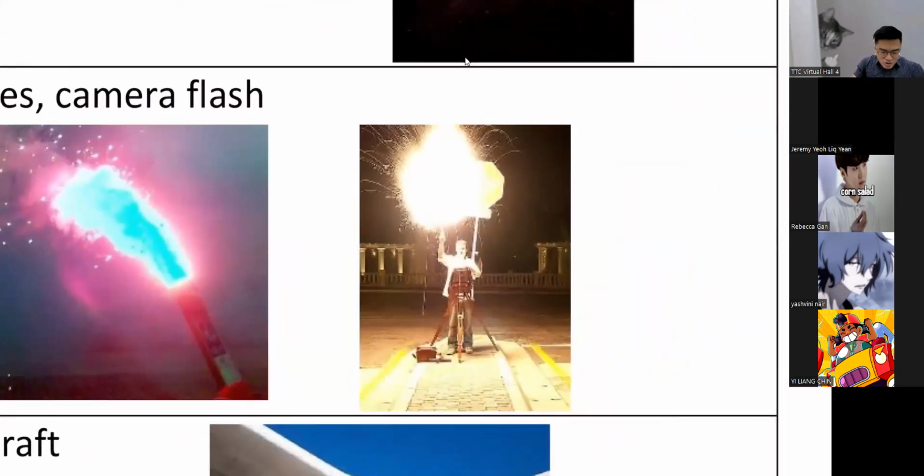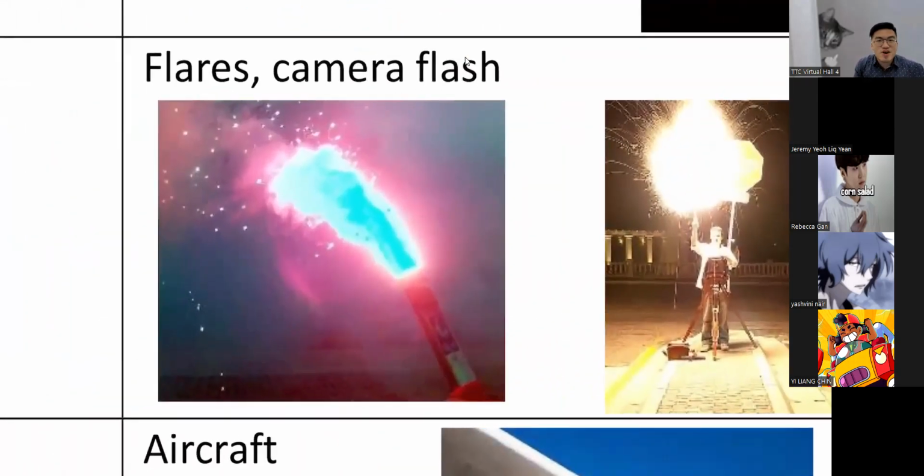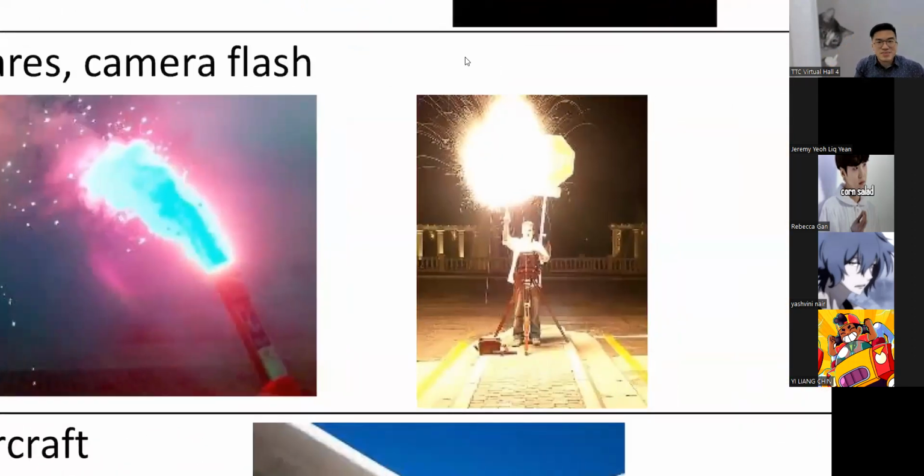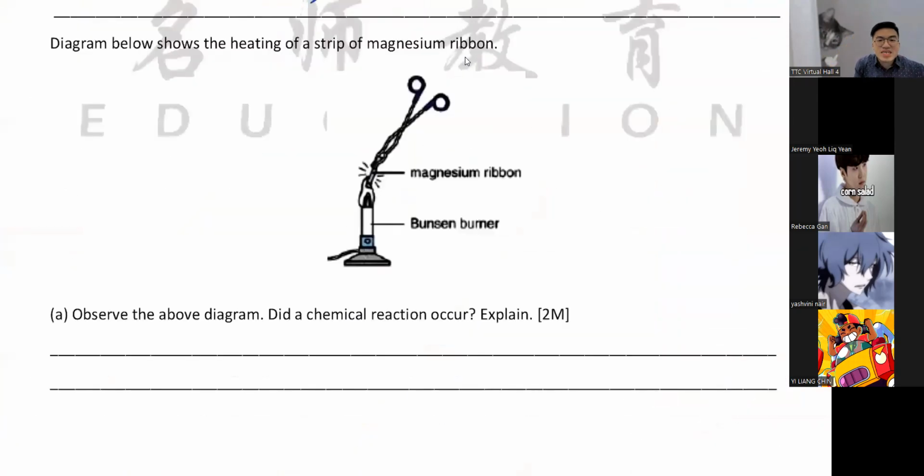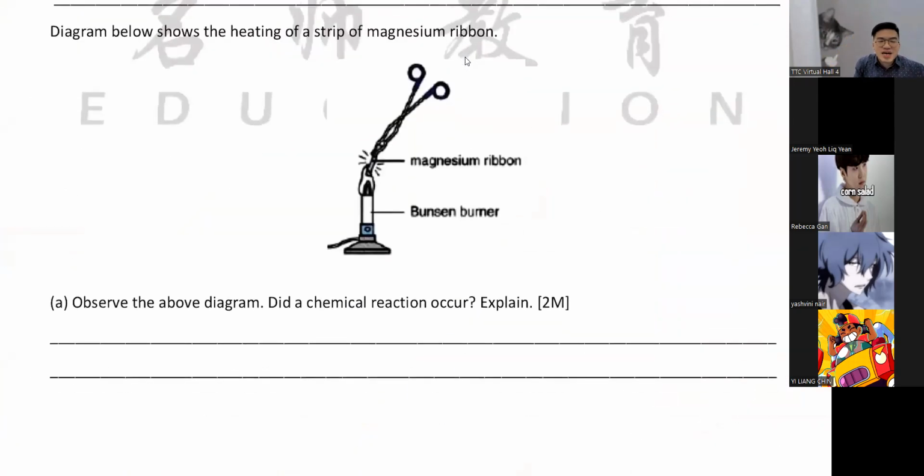You know where else? They use it in flare. You know what is flare? You go play Call of Duty, any shooting game. This is flare lah. When you're looking for help, signaling the helicopter, you use the flare lah. This is magnesium. Stupid bright, man, this thing. I mean, if yours succeeded lah. If yours failed, I don't know what the hell happened. Maybe your teacher lousy, don't know what to do.